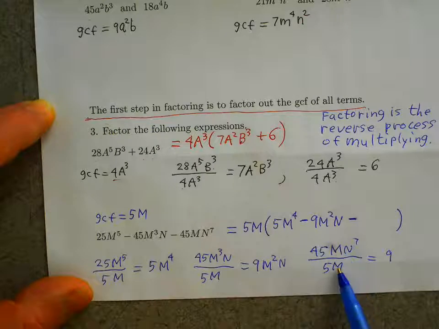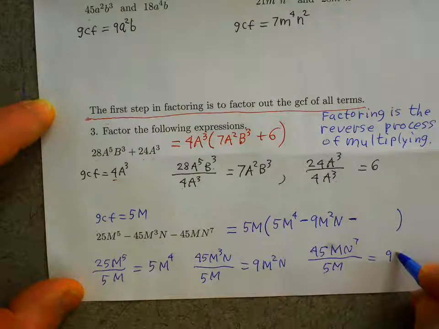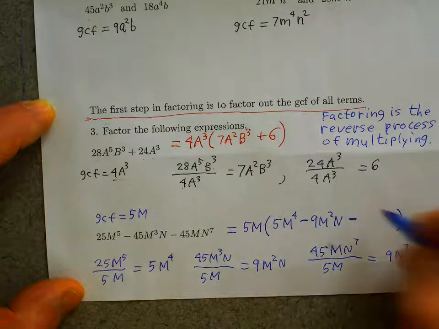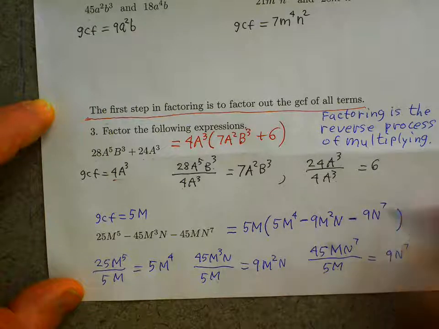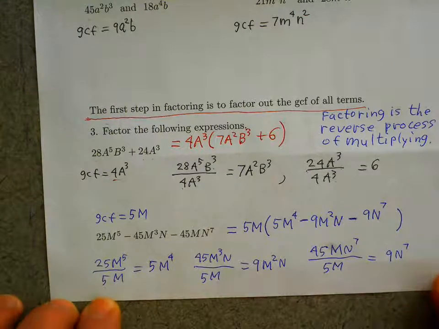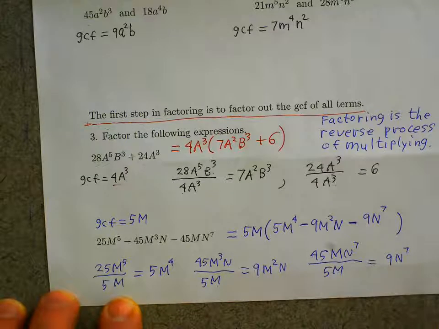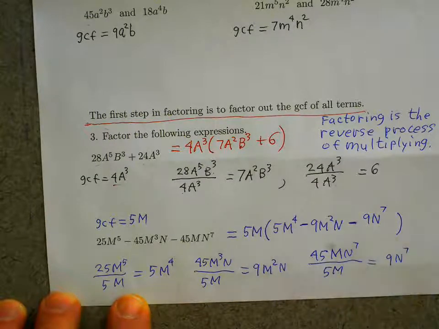M divided by m is 1. And then n to the seventh divided by 1 is n to the seventh. So the third and final term inside the parentheses is 9 times n to the seventh. Okay, then, if you want to, verify the factoring by multiplying.